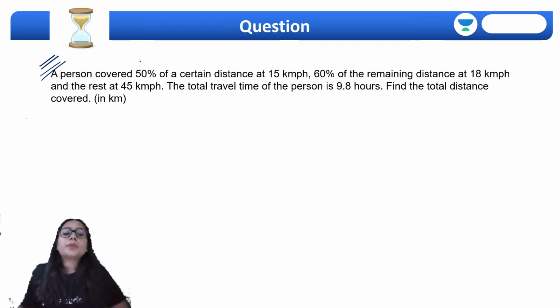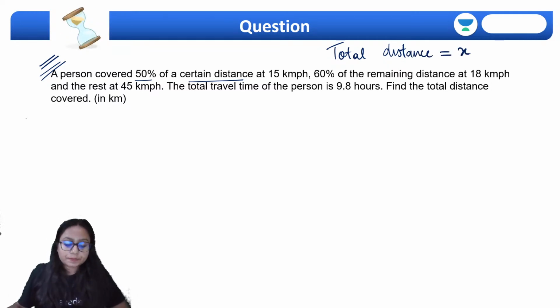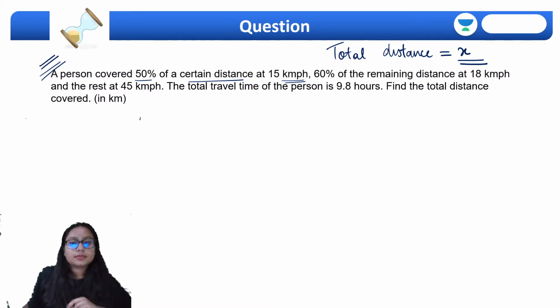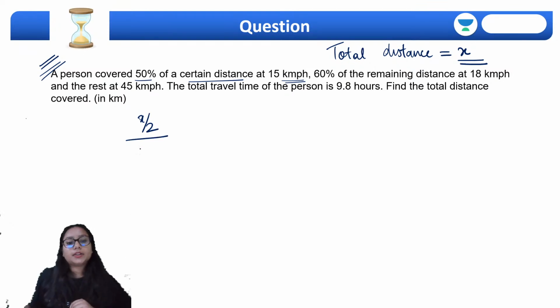Let's see. A person covered 50% of the distance. Let us take total distance as x. Now if my total distance is x, 50% of the distance is covered at 15 kilometers per hour. So 50% of the distance means x by 2, covered at 15 kilometers per hour.